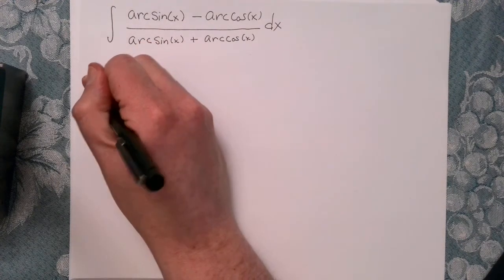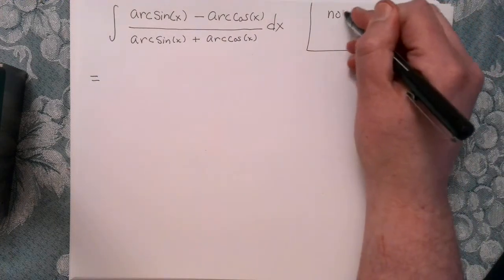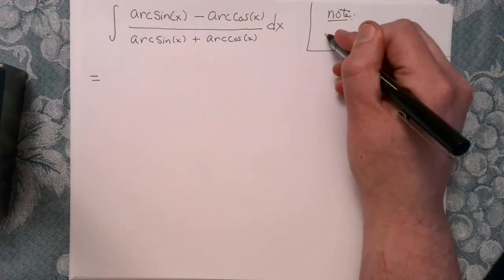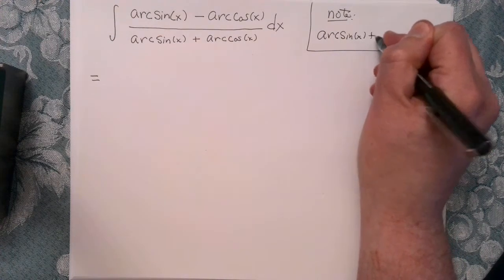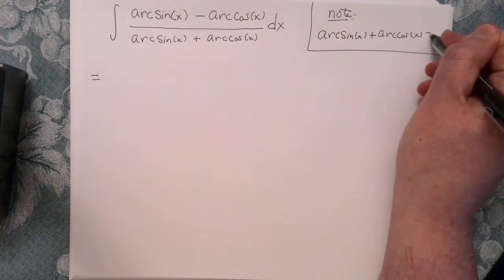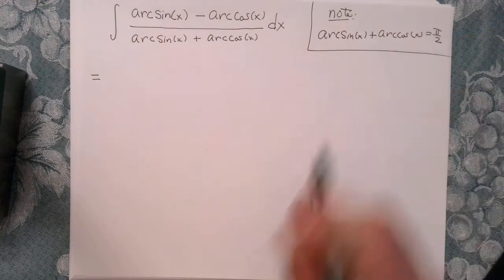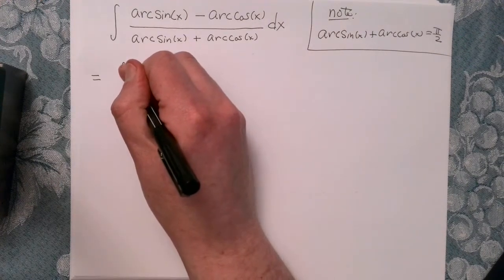So the first thing we want to note is the following. So let's note, we just proved this, that the arc sine of x plus the arc cosine of x is equal to pi over 2. So that's the first thing we want to take care of. So the denominator is pi over 2.